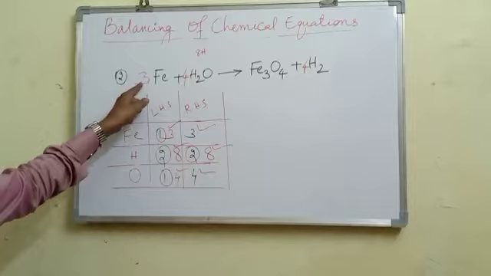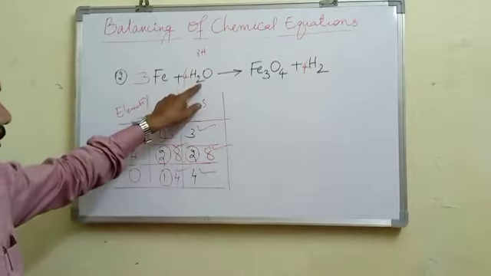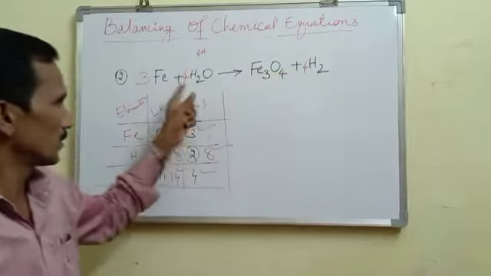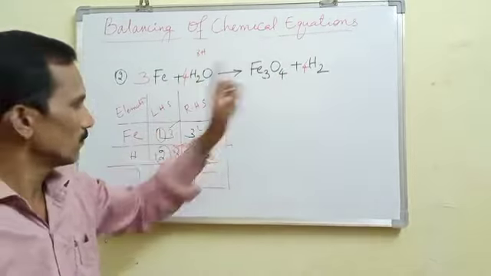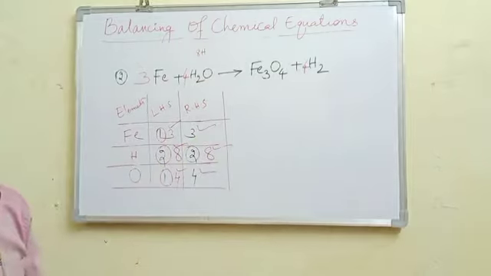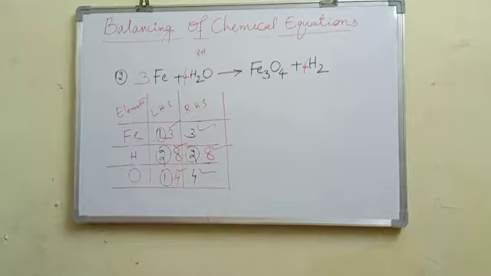This is the balanced equation. 3 into Fe, 3 Fe, here Fe's are 3. 4 into 2, 8 hydrogens, here 8 hydrogens. 4 into 1 oxygen, 4 oxygens, here 4 oxygens. So like this we balance the chemical equations. This is the balanced chemical equation.